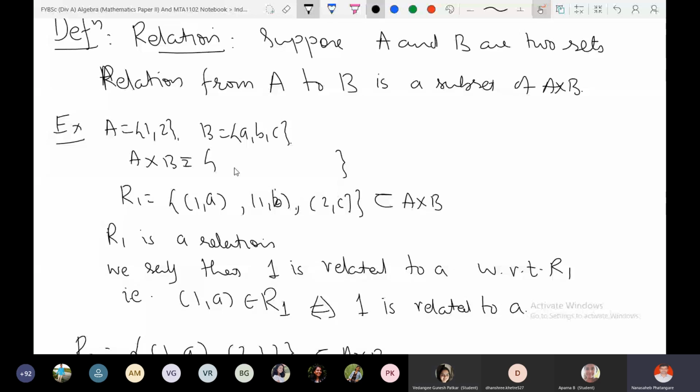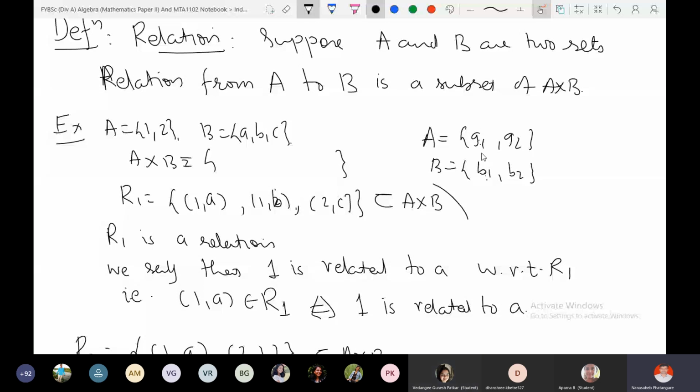Suppose A is a set of girls, G1 and G2, and B is a set of boys, B1 and B2, and I want to define a relation such that girl G1 is related to boy B1 if G1 is a sister of boy B1. Otherwise not. If a girl is a sister of a boy, then they are in the relation. Which relation? The sister relation.